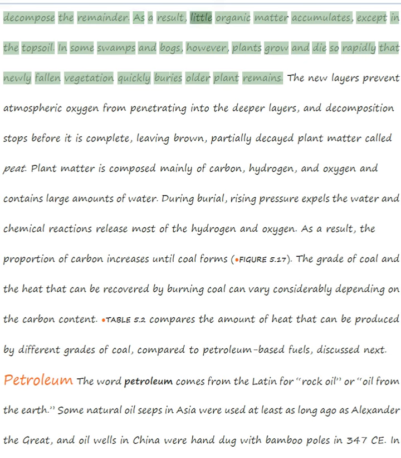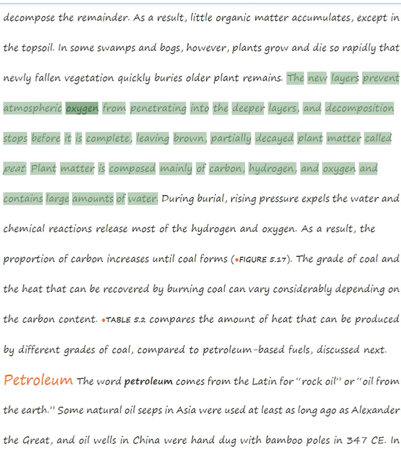As a result, little organic matter accumulates, except in the topsoil. In some swamps and bogs, however, plants grow and die so rapidly that newly fallen vegetation quickly buries older plant remains. The new layers prevent atmospheric oxygen from penetrating into the deeper layers, and decomposition stops before it is complete, leaving brown, partially decayed plant matter called peat.